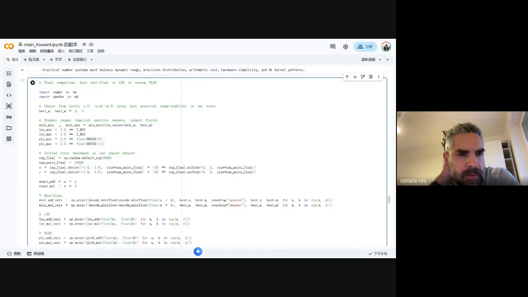Okay, this is the comparison part. X plus Y. I see. So you don't actually implement the addition.